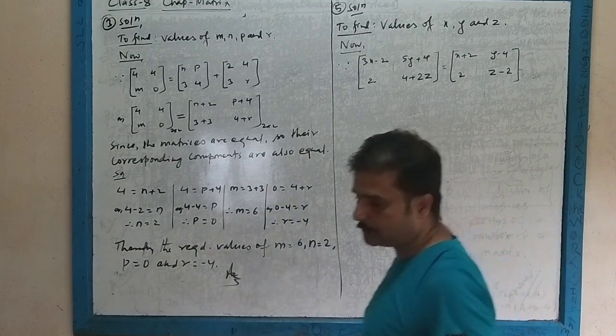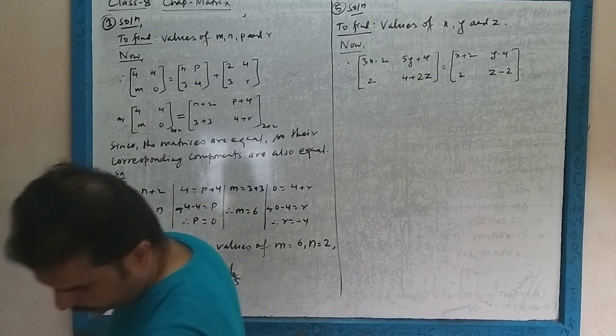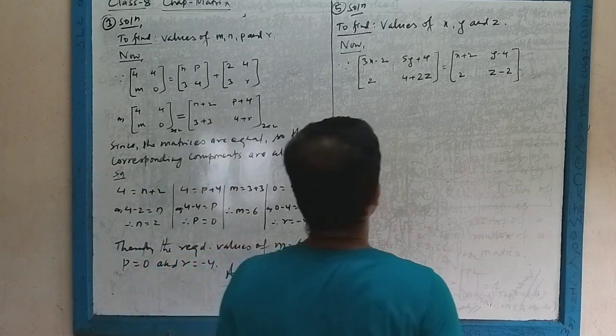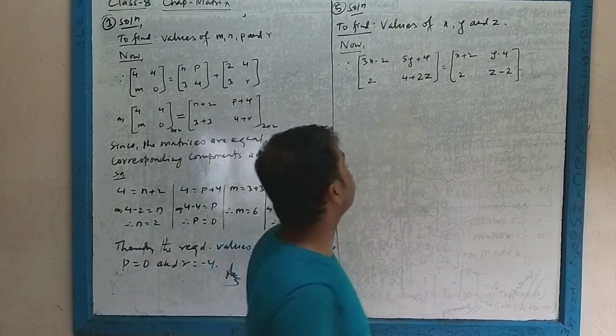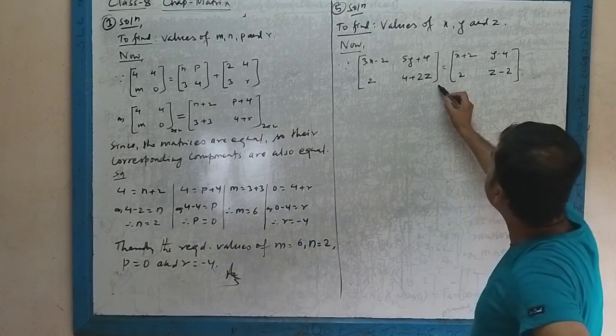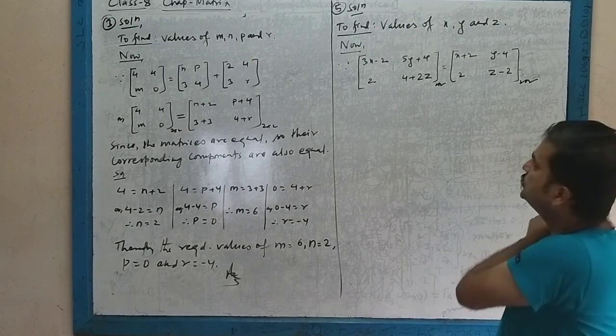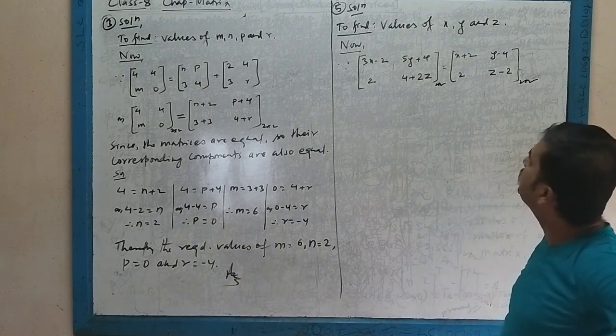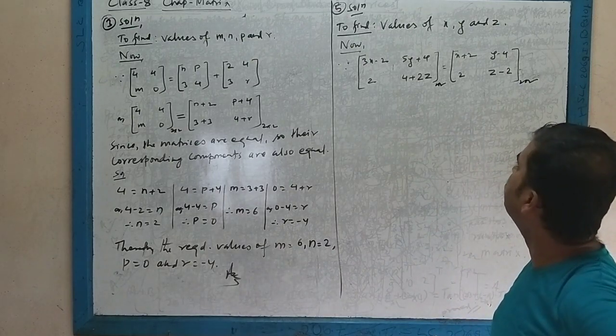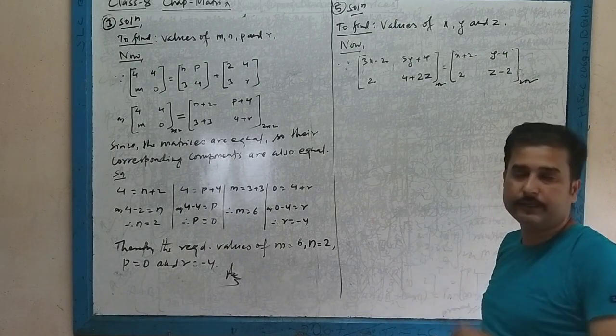This is given to us. You need to find the values of x, y, z. Again, these two matrices are equal matrices. So we can equate and we can find the values.